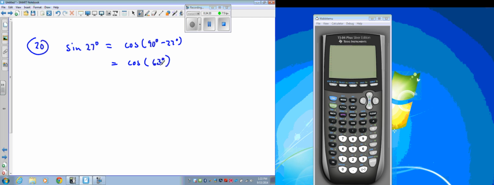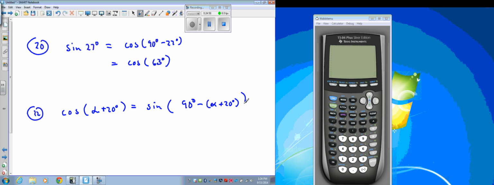Now let's look at 22. It says cosine of alpha plus 20 degrees. Well, what's the cofunction of cosine? Sine, right? And then it's 90 degrees minus the quantity alpha plus 20.